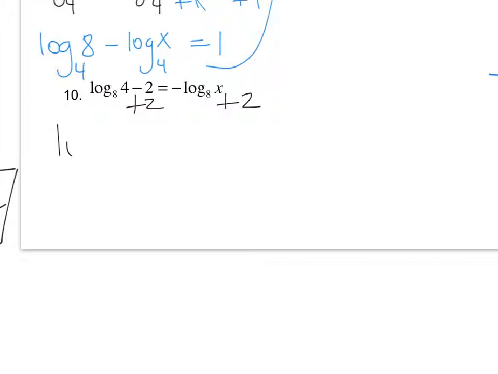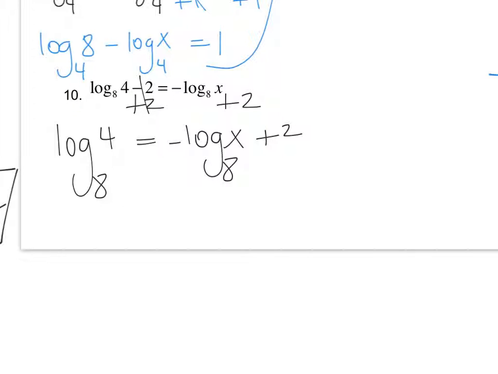So you have log base 8 of 4 equals, this goes away, negative log base 8 of x plus 2. Now let's go ahead and add log base 8 of x to both sides so I can move all the logs to one side of the equation.